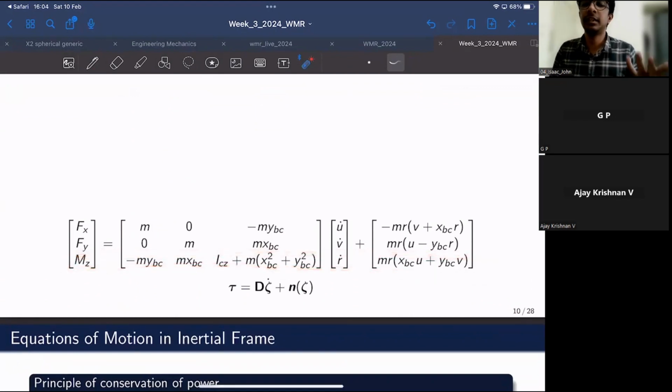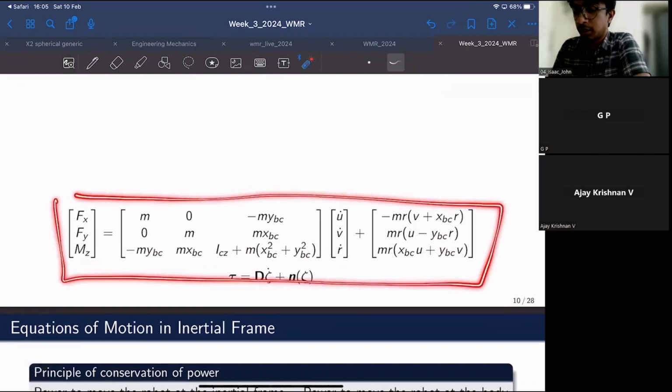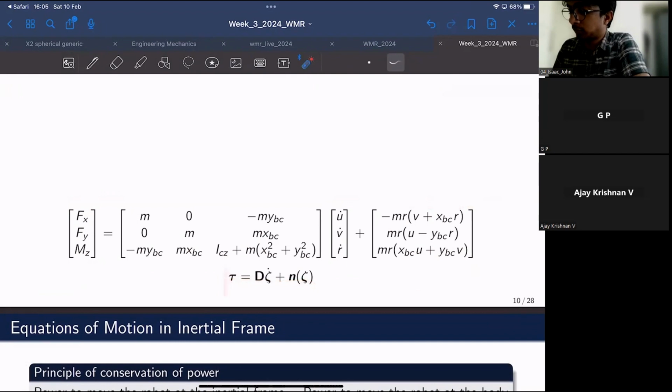And this is exactly the same thing you derived using the Euler-Lagrange method, the energy-based method. You can also compactly define this entire set of equations of motion using a vector and matrix approach, where this vector tau is Fx, Fy, and Mz, and this matrix D is what we have over here.